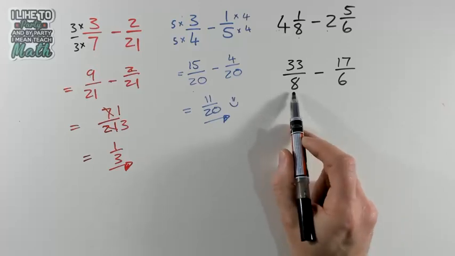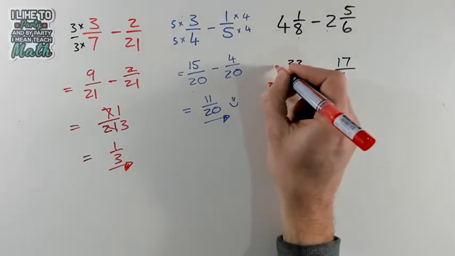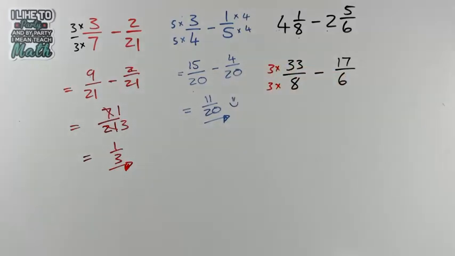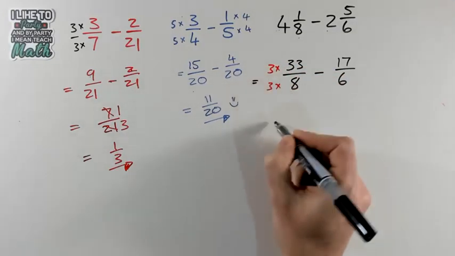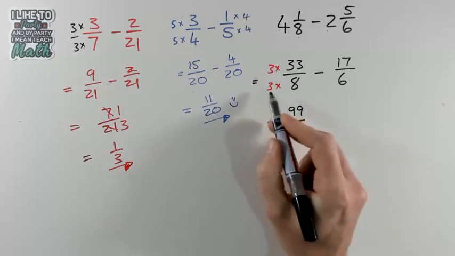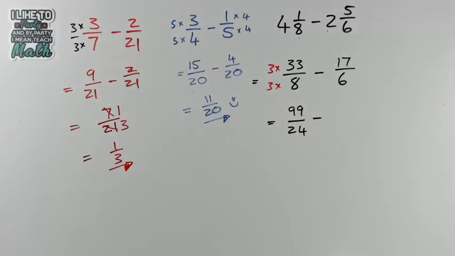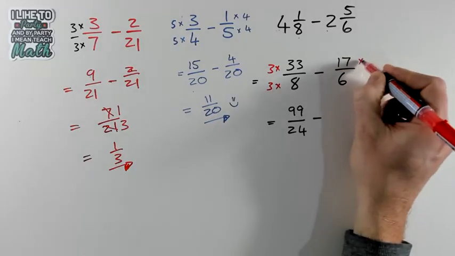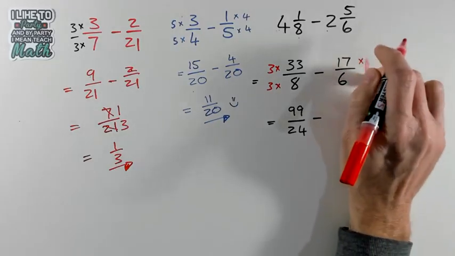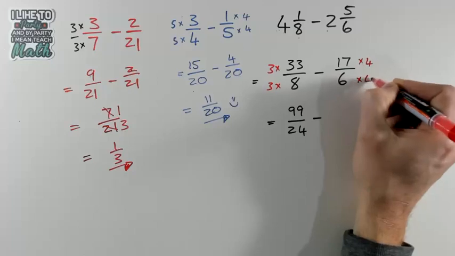So I want to take 8 to 24. There I'm going to multiply by 3 at the top and the bottom. So just put my equal signs in here. 3 times 33 is going to be 99, and 3 times 8 is 24. The minus sign just comes down, and this side I'm going to multiply by, no, not 8, multiply by 4, top and bottom.